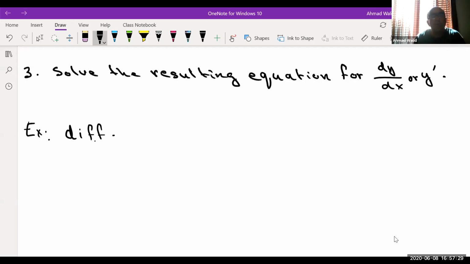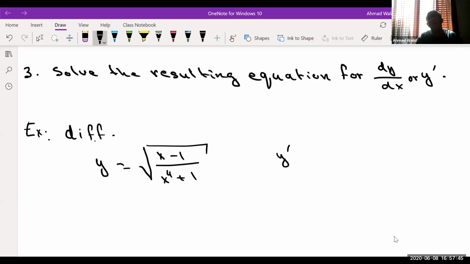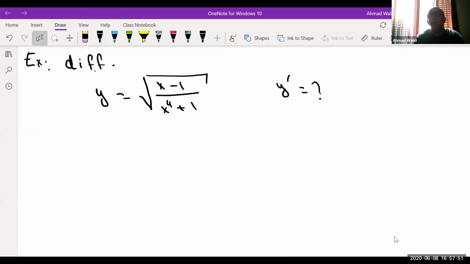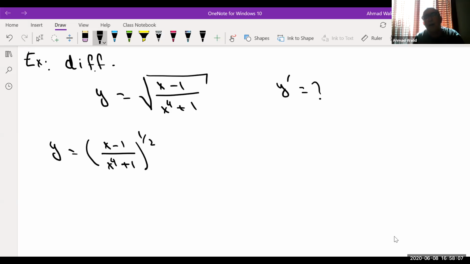Differentiate y equals square root of x minus 1 over x to the power of 4 plus 1. They're asking you in this problem to find y prime. First thing to do, can I write the square root in exponential notation? y equals (x minus 1 over x to the power of 4 plus 1) all to the power of 1/2.